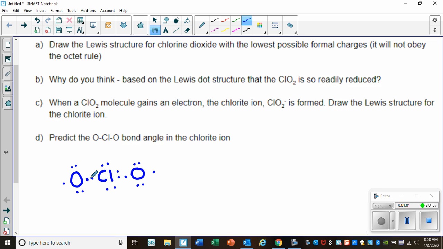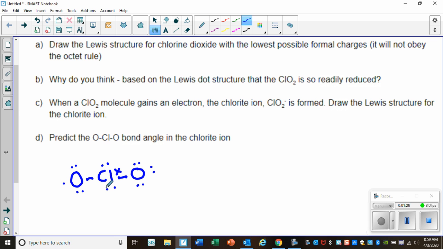And then we've got our single bonds here, single bond there. In this case, we want oxygen at least to have the octet. The chlorine doesn't need to have the octet, but the oxygen does. So the oxygen on the right is good. On the left side, we're still missing one valence electron for the oxygen.